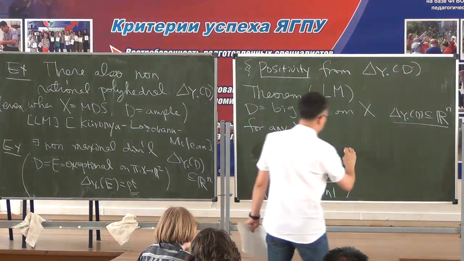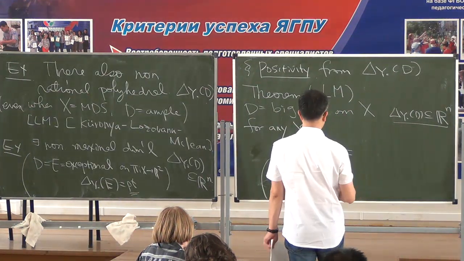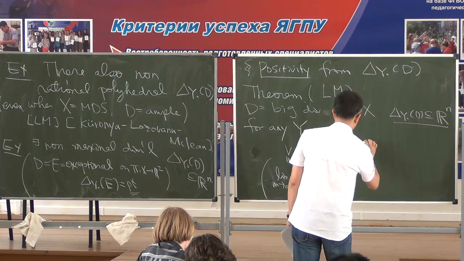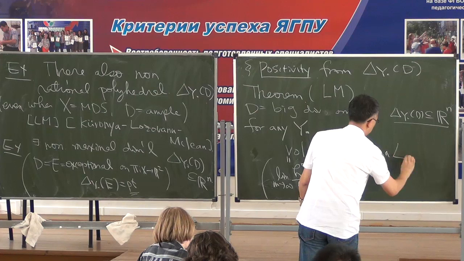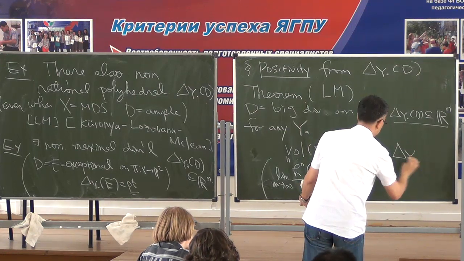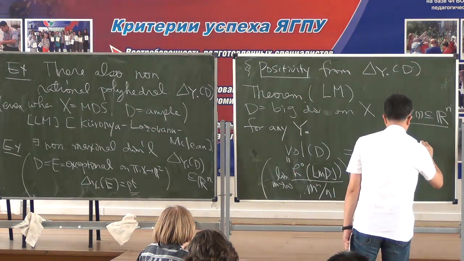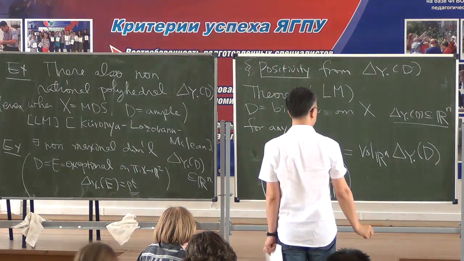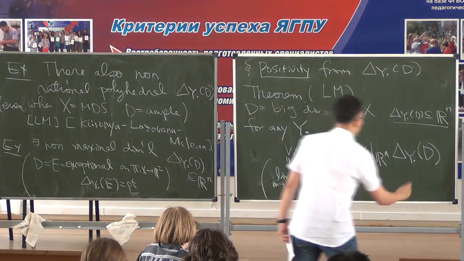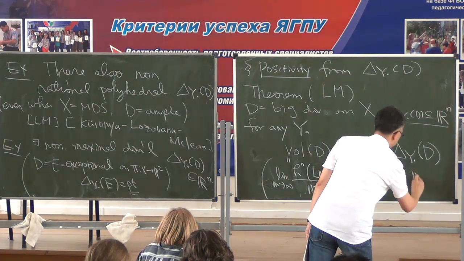This volume is actually equal to the Euclidean volume of the Okounkov body of D in Rn, times n factorial.